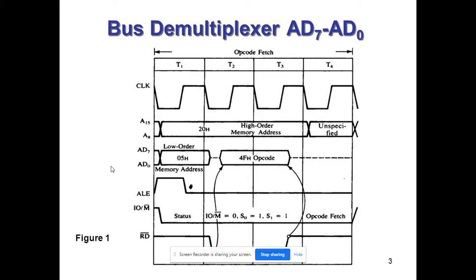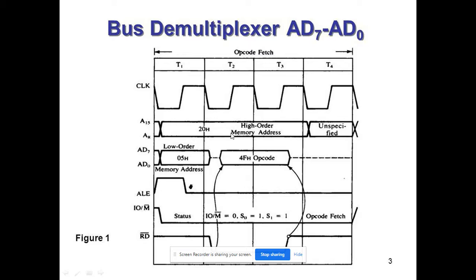Then when does the bus carry the address information and when does it carry the data? As we see in the timing diagram, in the T1 state, the higher order address bus always carries the higher byte of the address.